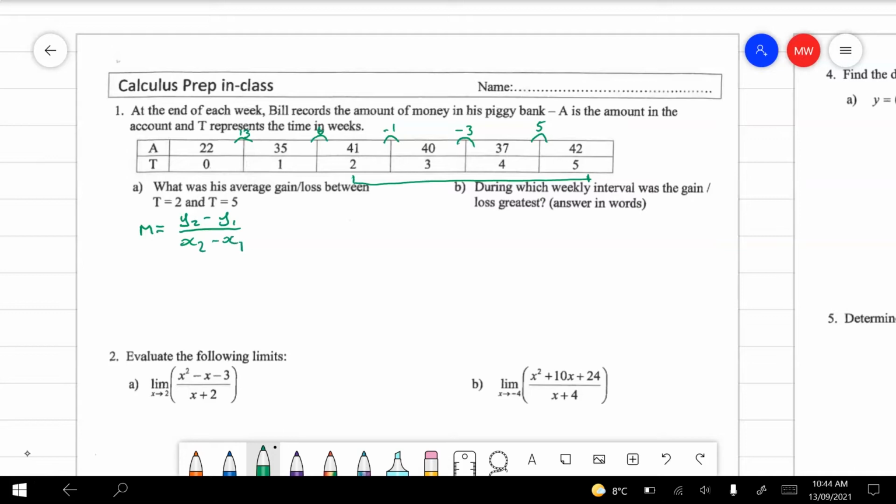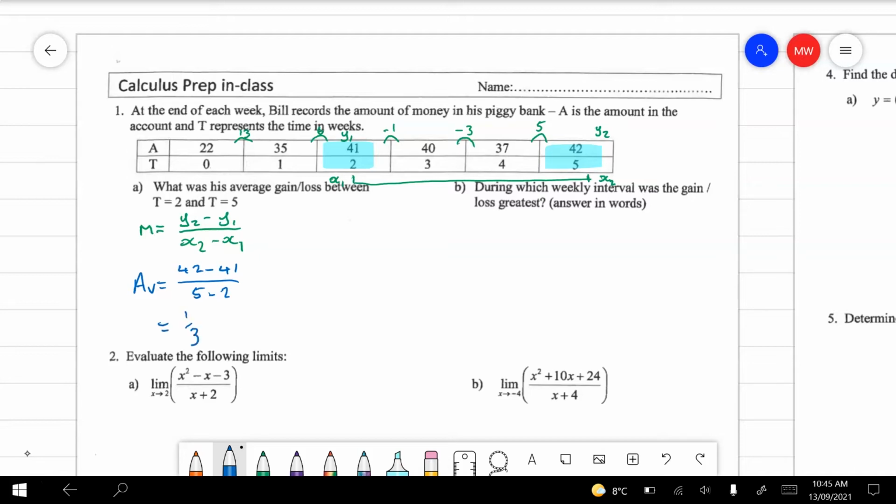We'll call this one x1, y1, and we'll call this one x2, y2. I'm really only interested in these values, and they go straight into our equation. So this average is going to be 42 minus 41 all over 5 minus 2, and that is 1/3.